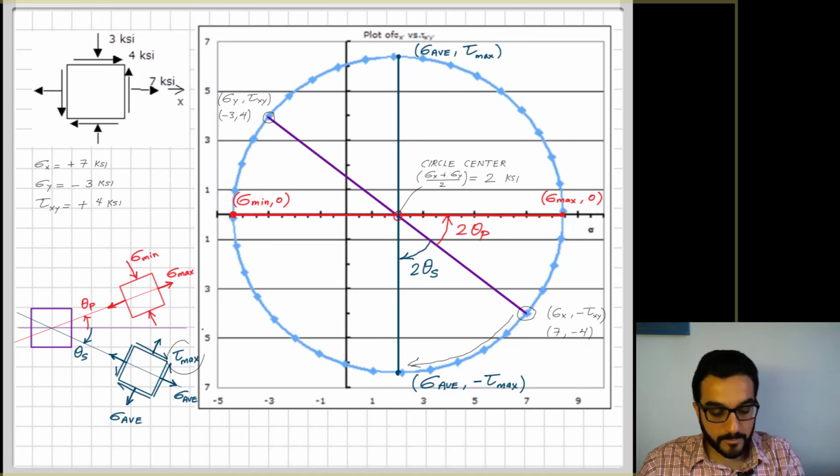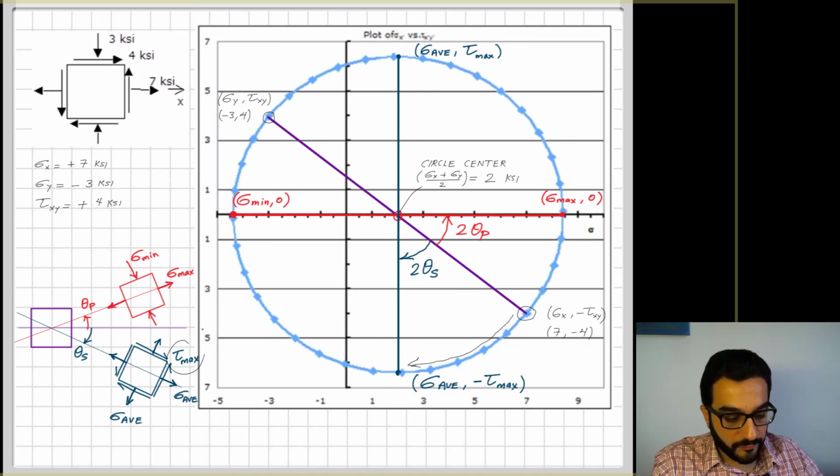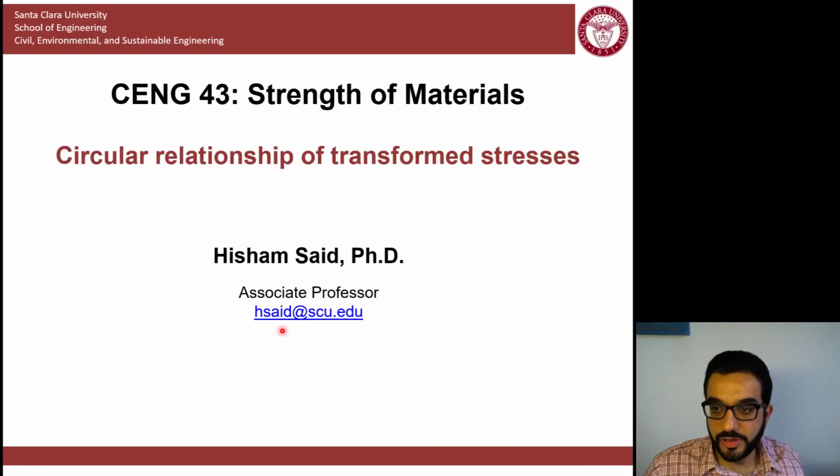So that's the very cool graphical representation of transformed stresses. It will help us a lot in understanding more deeply the transformation of stresses.